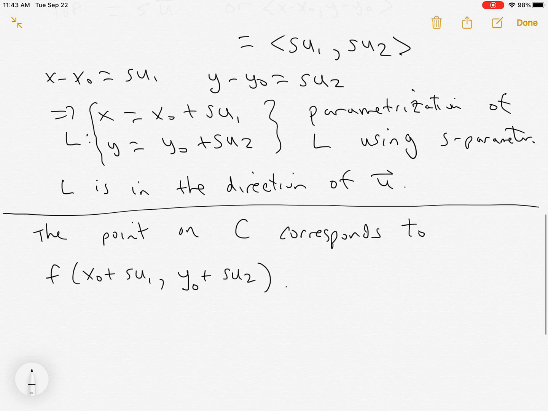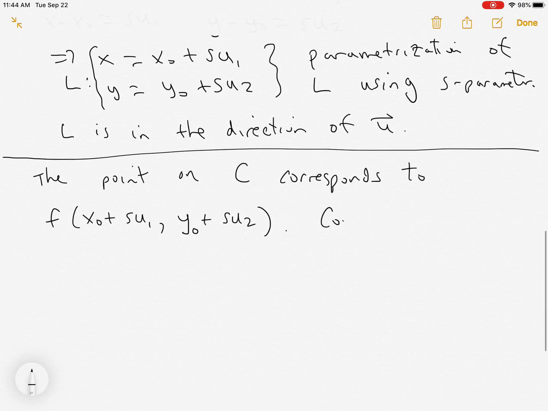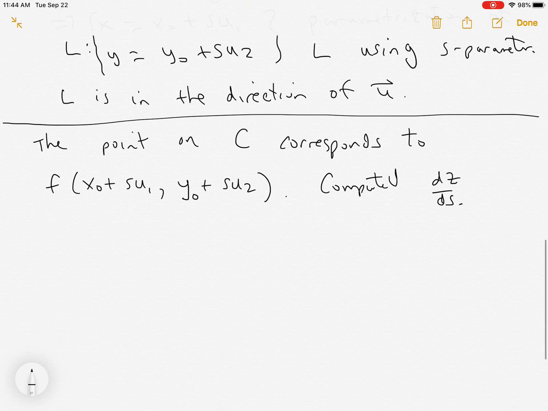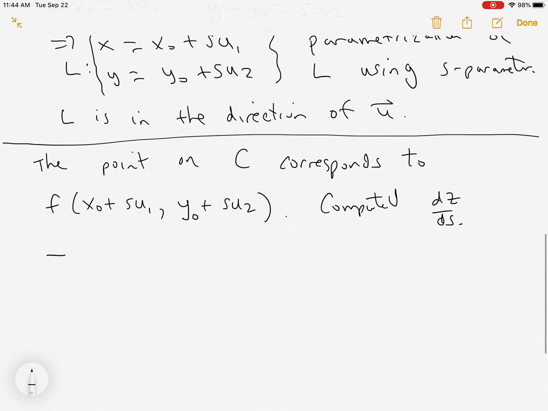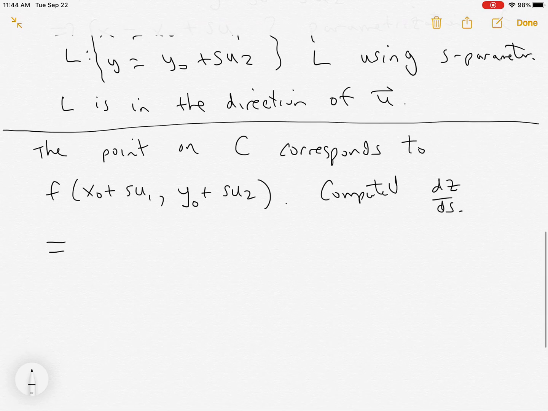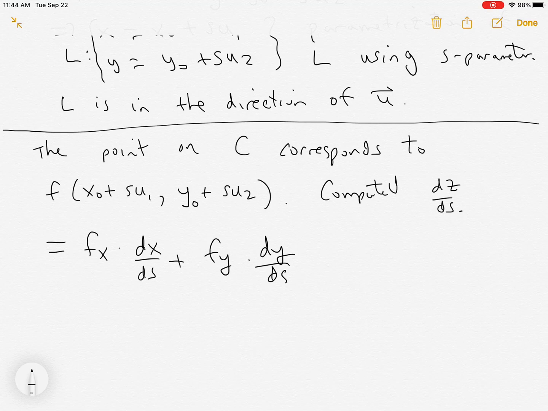Okay, so now we compute dz ds. Using the chain rule, it's f partial with respect to x times dx ds plus the y partial times dy ds. This is using the chain rule from the last video.